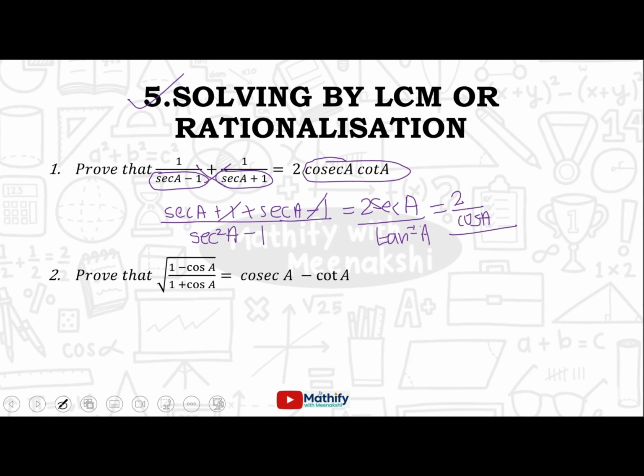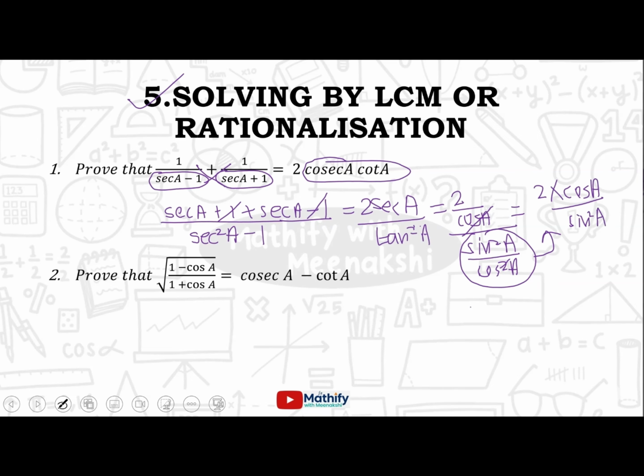And what is tan square a? That is sine square a by cos square a. Yes. One cos you can cut. You are left with, just take the reciprocal of this. You are left with 2 into cos a by sine square a.